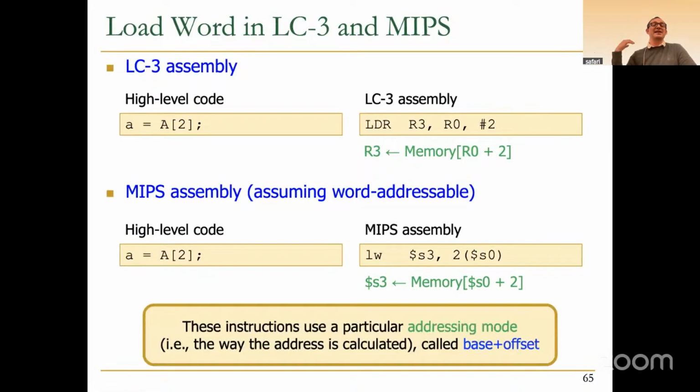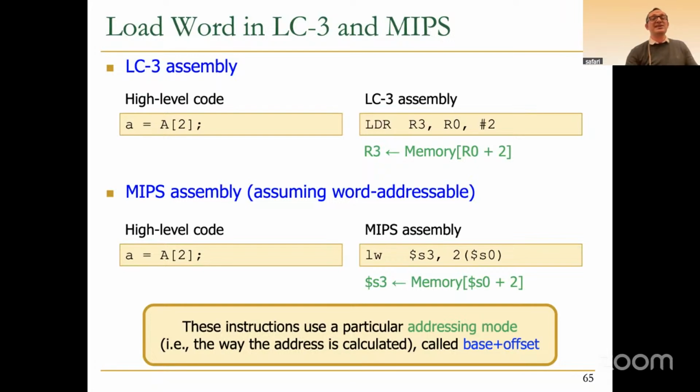This is assuming that MIPS is word addressable. I'm going to look at a byte addressable version of it. We're going to multiply that 2 by 4 basically. That's what's going to happen because if you're byte addressable, your word is essentially each element, assuming your elements are word sized, each element is 4 bytes, right?